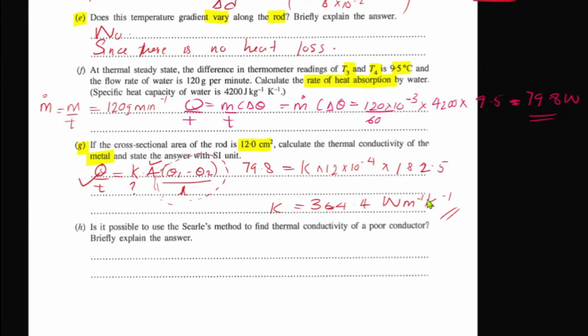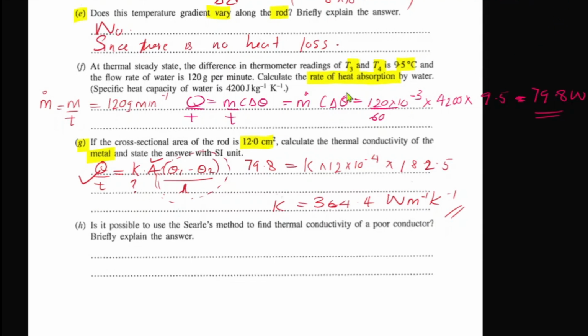Since they are asking for SI units, rather than representing it per degree Celsius, the SI unit of temperature is Kelvin. So you can represent the temperature gradient in Kelvin per meter. Kelvin per meter and degree Celsius per meter are the same; the magnitude is going to be the same.